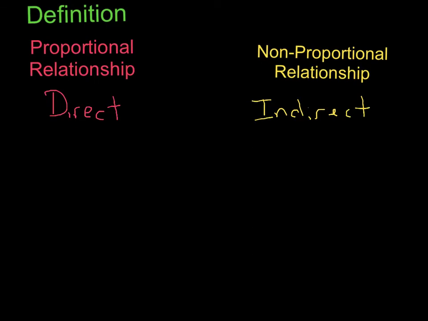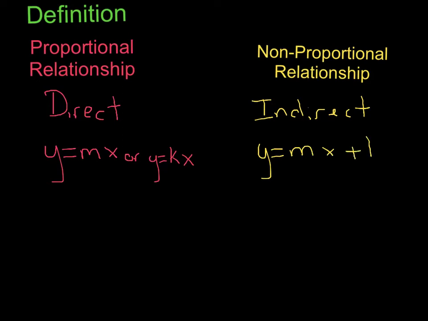In a proportional relationship, the equation is y equals mx, or like you have seen, y equals kx. And then a non-proportional relationship is the full form y equals mx plus b.